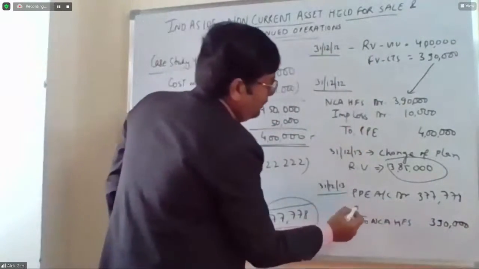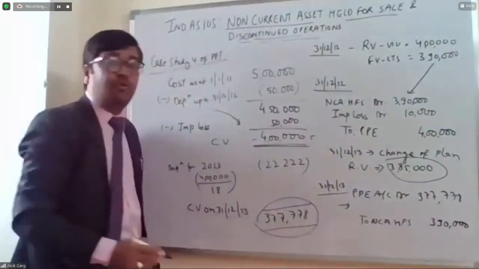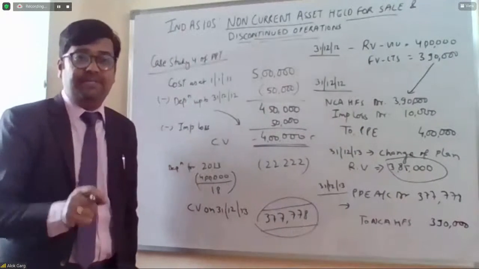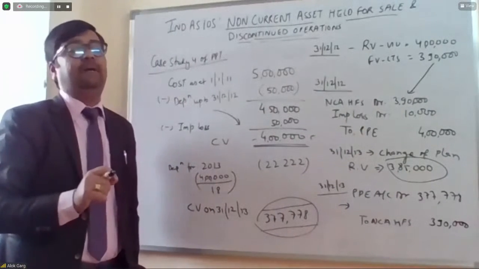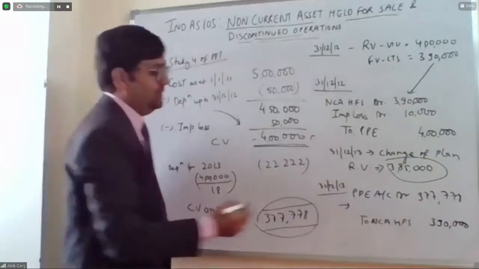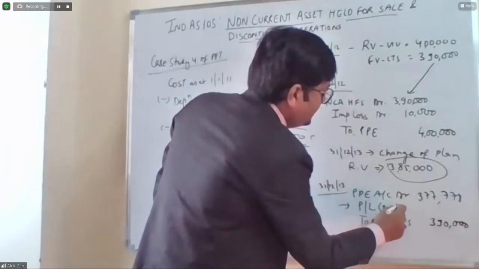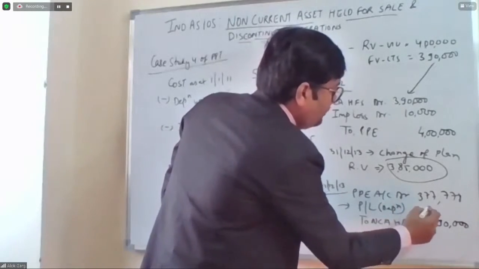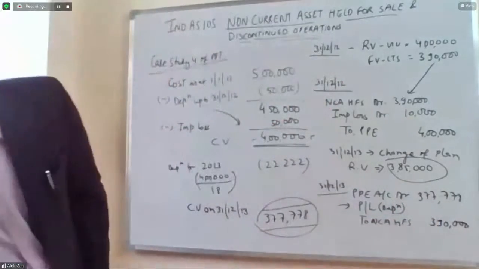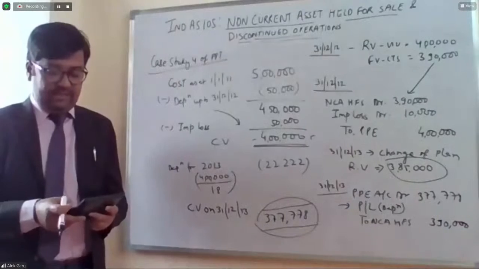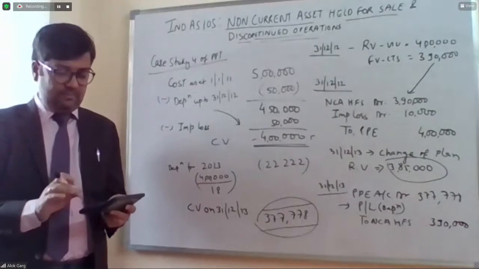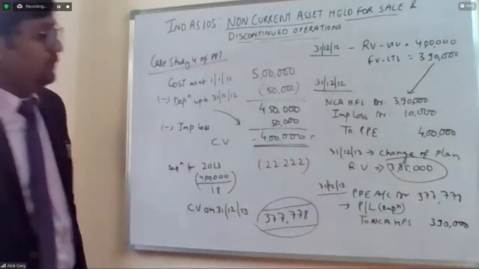What is this debit value? This value could be debited in terms of depreciation or in terms of impairment loss. So this will go to P&L. Let's say it's a depreciation kind of thing. So it is 390 minus 377,778. So it is 12,222.